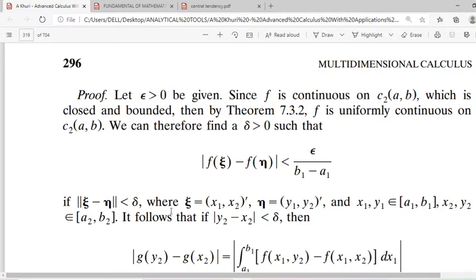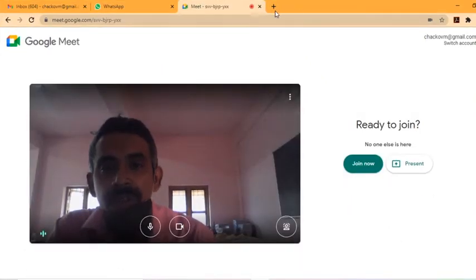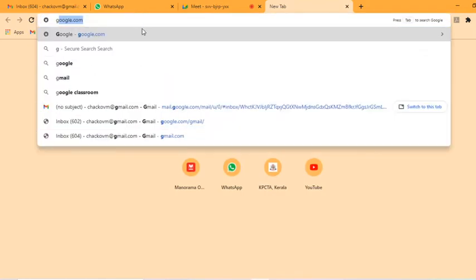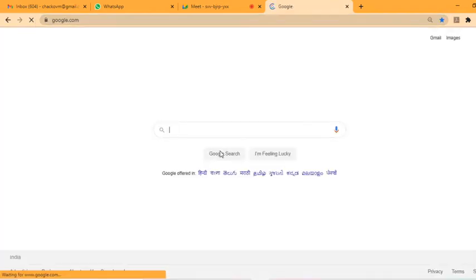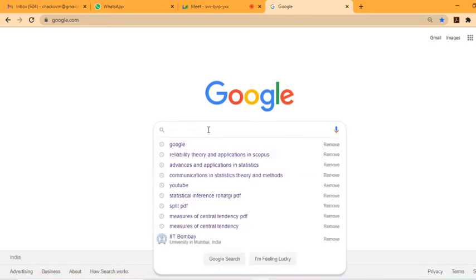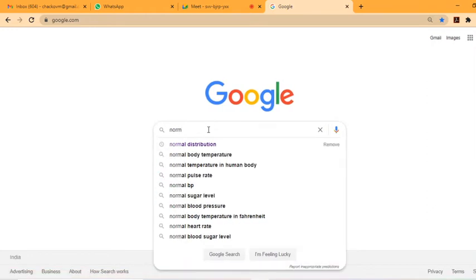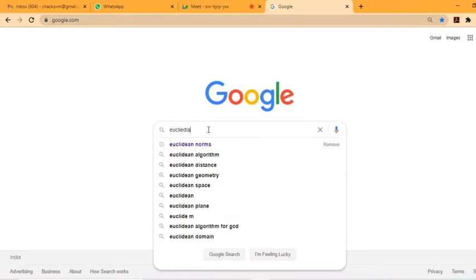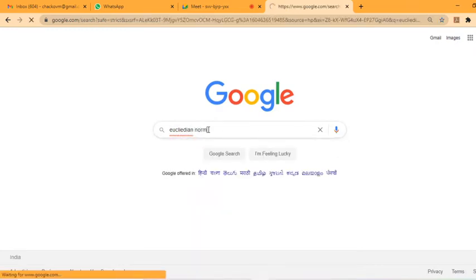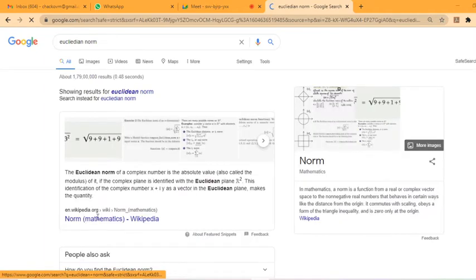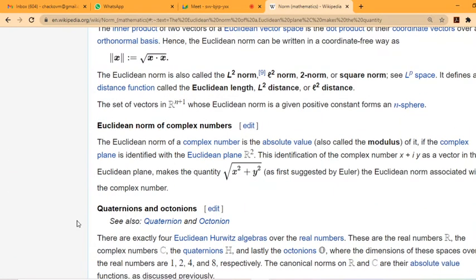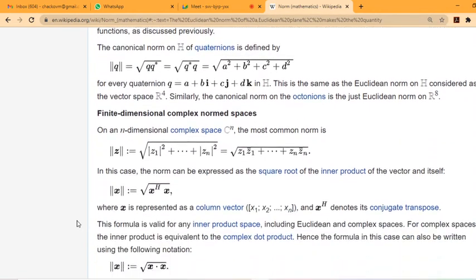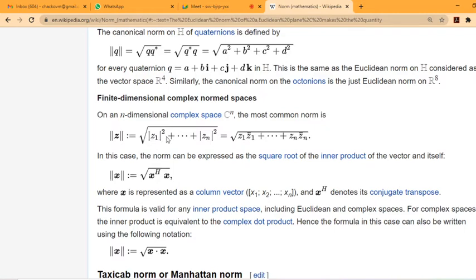It follows that when norm of y2 minus x2 is less than delta, what happens? You know the Cartesian norm. Let us consider the formal definition of a norm. In the two-dimensional case, the norm from the origin is the root of x1 square plus z1 square.